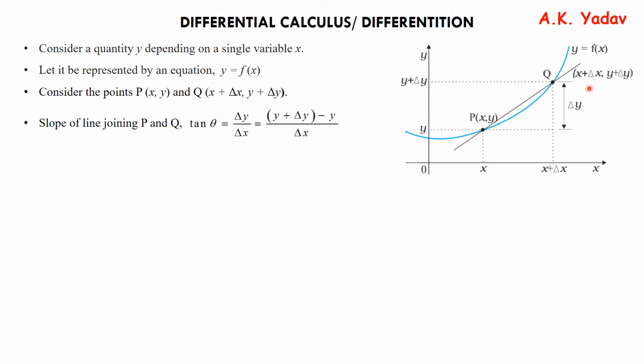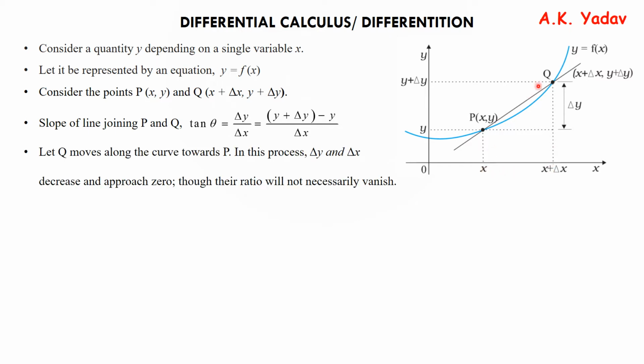Now, the slope of the line joining P and Q is tan theta equals delta y upon delta x, or can I say (y plus delta y minus y) upon (x plus delta x minus x).